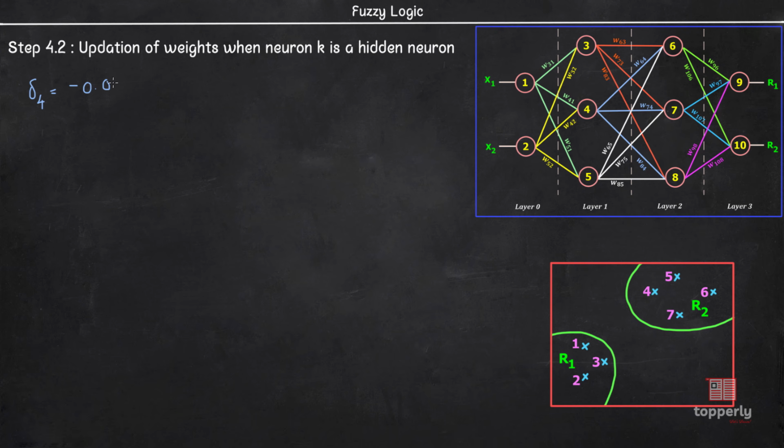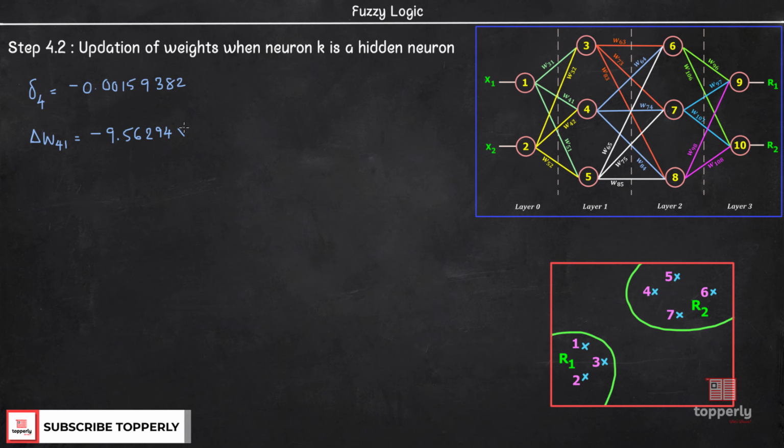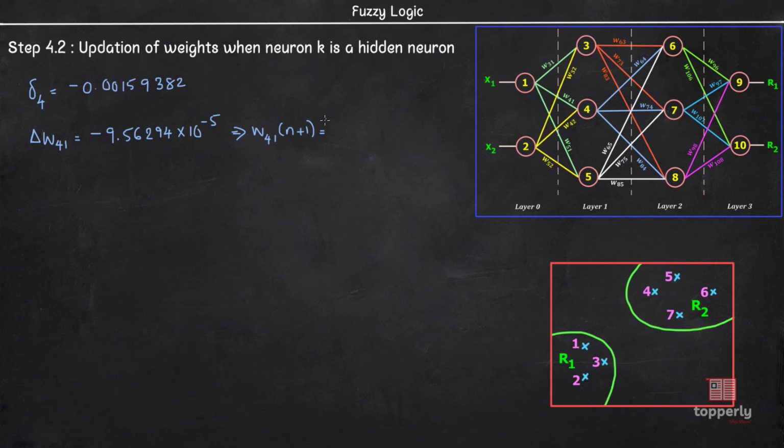Similarly, we can calculate dou 4 is equal to minus 0.00159382 and delta W41 equal to minus 9.56294 into 10 raised to minus 5, which gives W41 of n plus 1 equal to 0.099943.